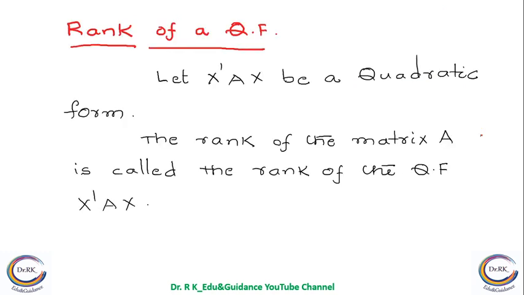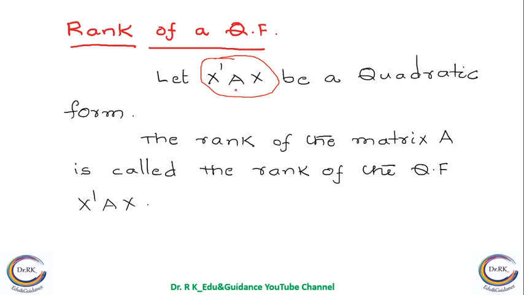So the next definition is the rank of a quadratic form. Based on the discussion we just had, we can immediately connect with this definition. Suppose x transpose Ax is a quadratic form, where A is the coefficient matrix.